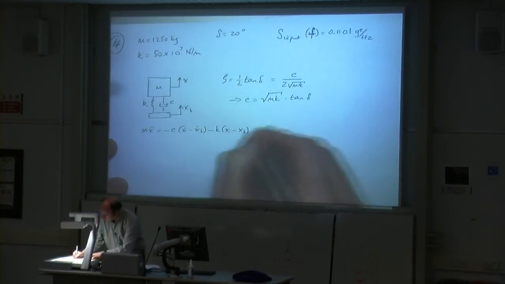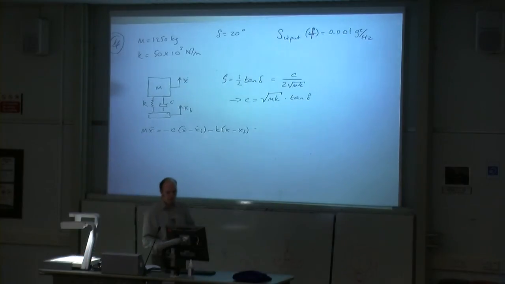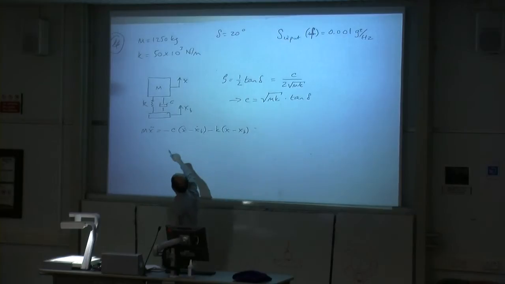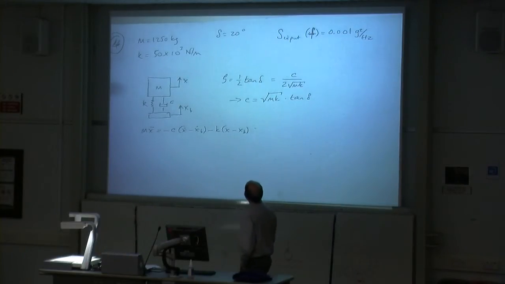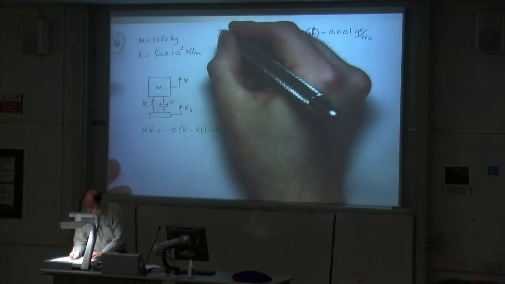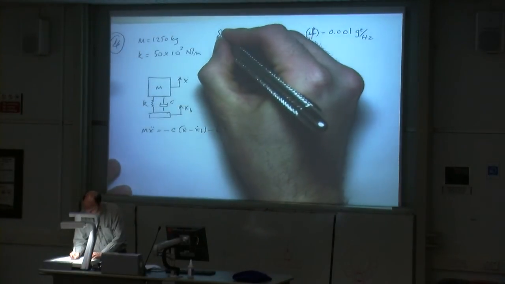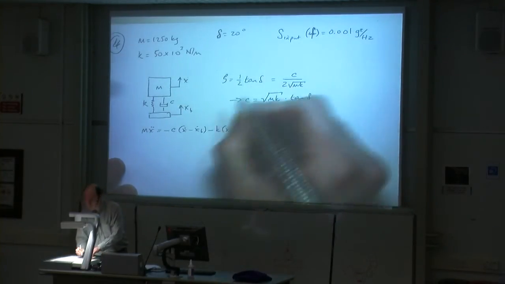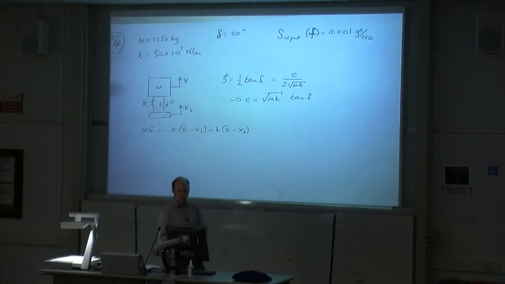We've got the minus because it's the relative displacement and relative velocity between those two things that act on the damping and the spring. Ben, just a question, what did we say delta was? Delta is what's known as a loss angle, and you can relate the loss angle to C by this equation here. We'll work that out in a minute.